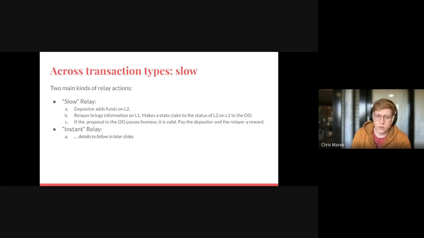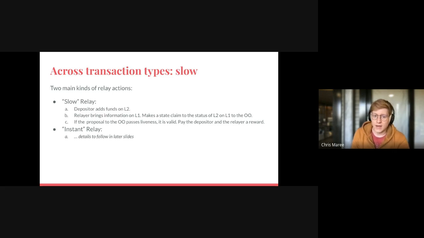First, a depositor will add funds into the deposit box on L2. This is literally a deposit transaction that they submit. When they do this, an event is emitted, at which point a relayer will detect this, and we get to point B, where a relayer brings this information onto L1. Effectively they are making a state claim about the status of that L2 deposit on L1 to the optimistic oracle.